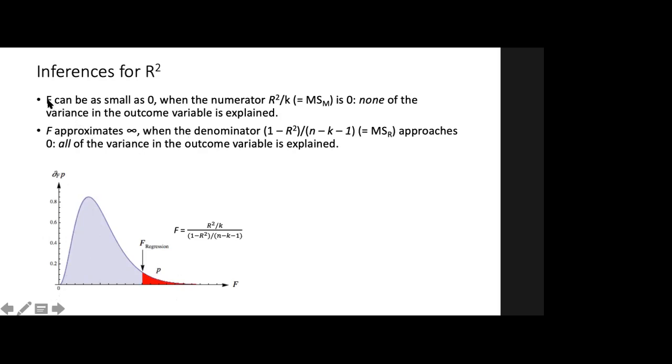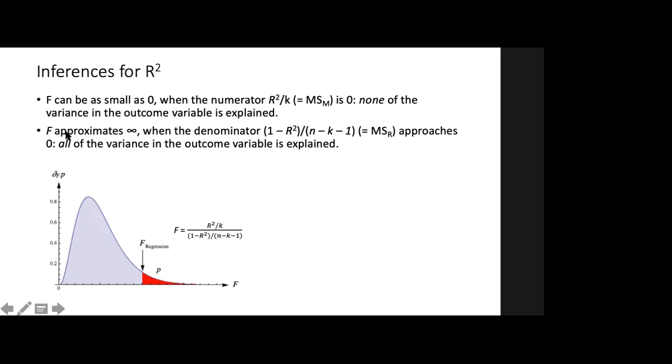Obviously our F statistic, or F value, can be as small as 0. That is the case when our numerator, R squared over K, which is just our mean sum of squares, the model sum of squares, is 0. If none of the variance in the outcome variable is explained by our model, then F is 0. In this case, we assume that R squared is 0 in the population as well.